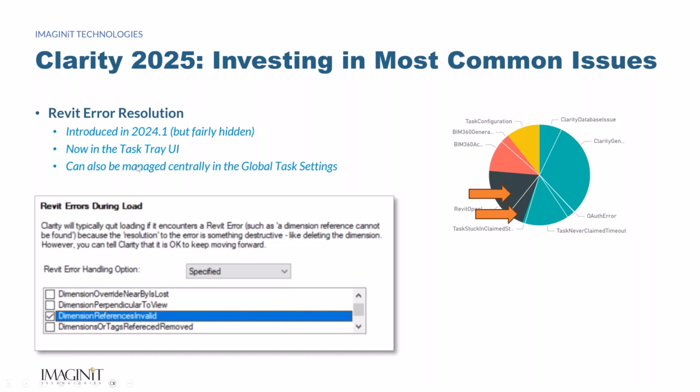So these are all things that can be set up in the UI of the task server. And also, if you want to manage them centrally, Clarity does have the concept of global task settings. You can push your task server settings to your host and then have your other task servers just subscribe to those changes. And this is also supported in that kind of setup.